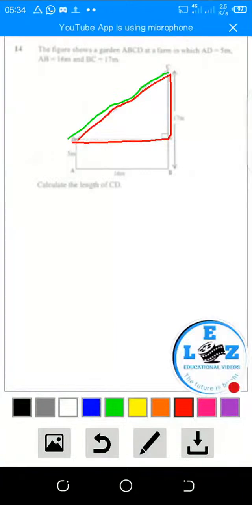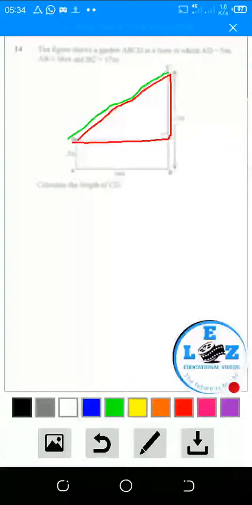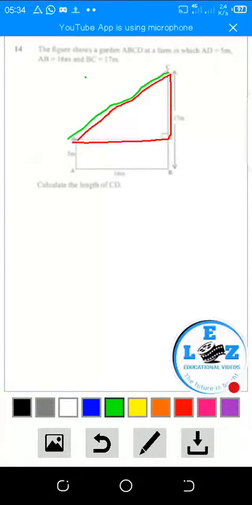What we're going to do is use Pythagoras theorem. We'll come up with the formula using Pythagoras theorem. This is the hypotenuse, and this is adjacent, and this is also adjacent.